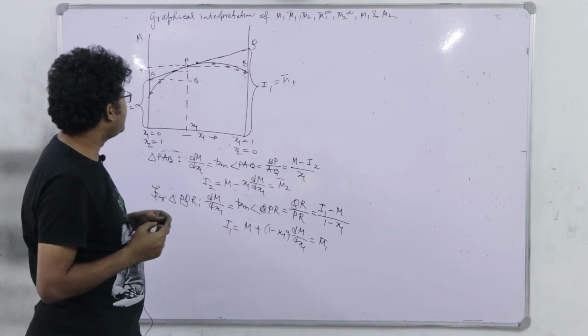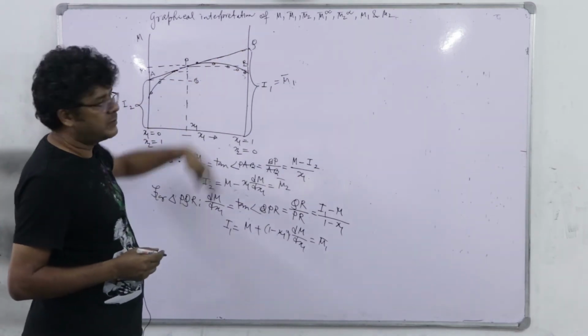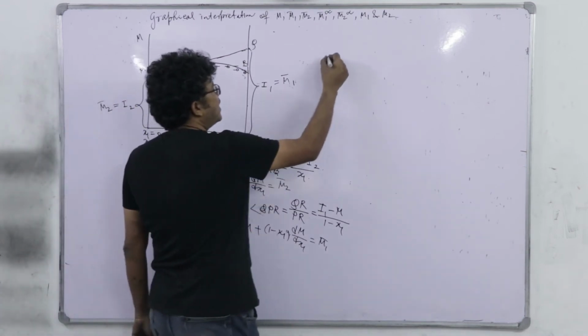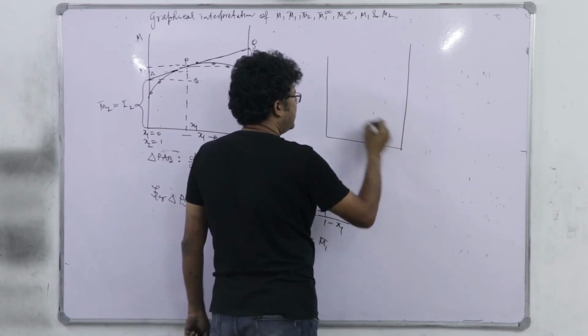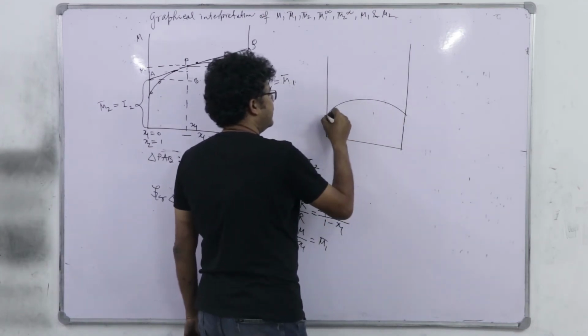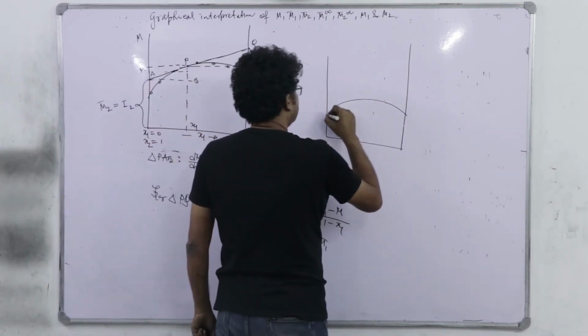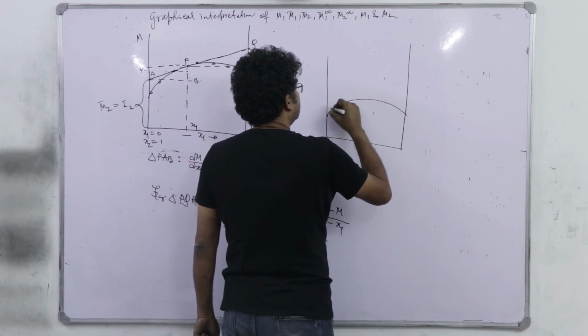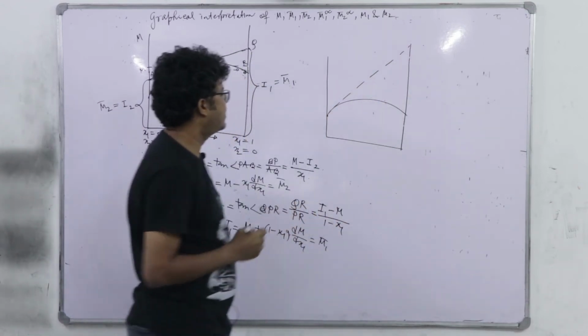Okay. Now, this is the graphical measurement of partial molar property, and how we can measure this infinite dilution property? Let us say this is the graph. So, if I shift that point P here, right.